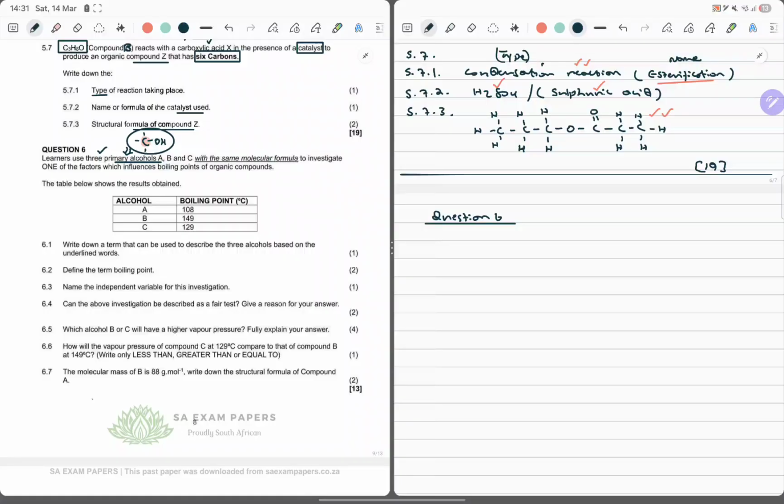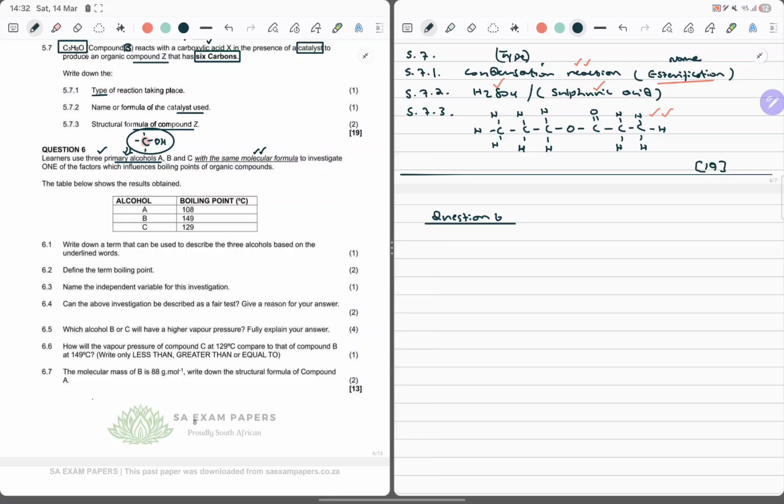Okay, with the same molecular formula, right? To investigate one of the factors which influences boiling points of organic compounds. So the most important thing, these are primary alcohols. They've got the same molecular formula. Whew. Now this presents a bit of a problem. Is it possible? Okay, let's see.